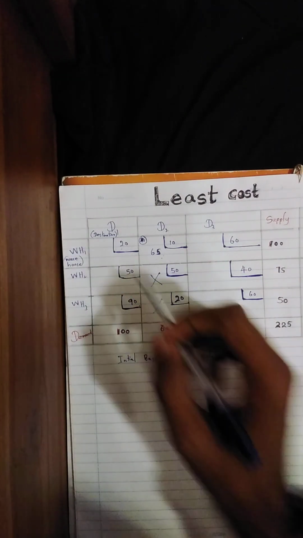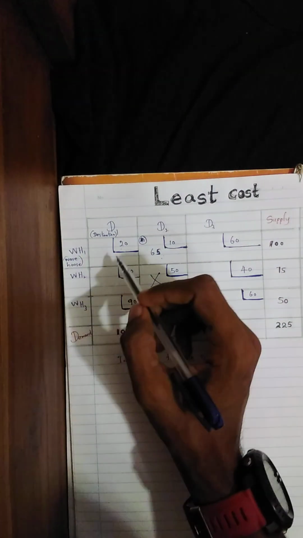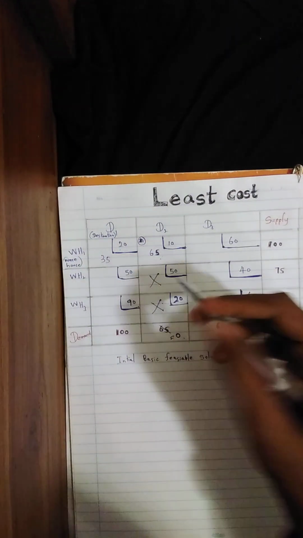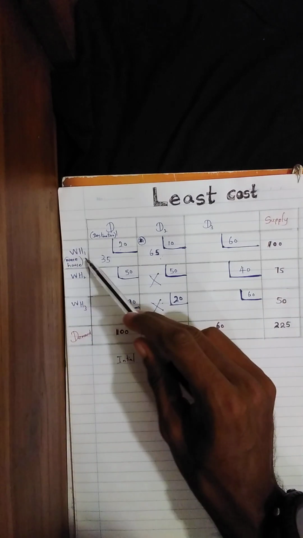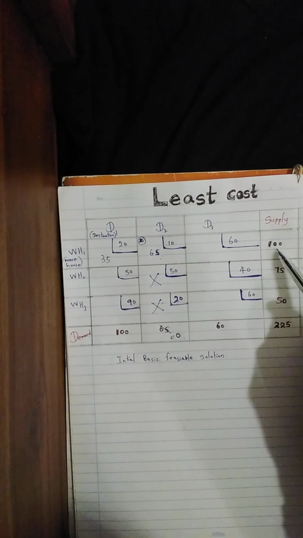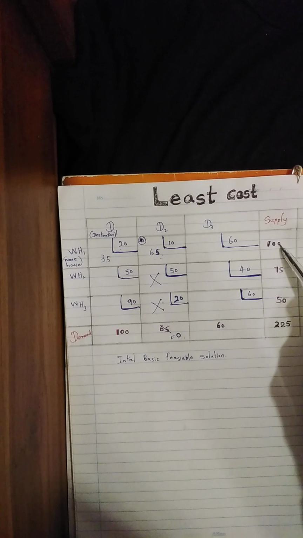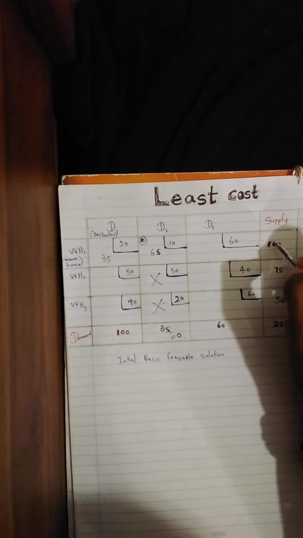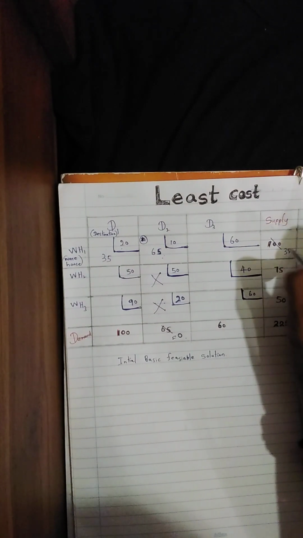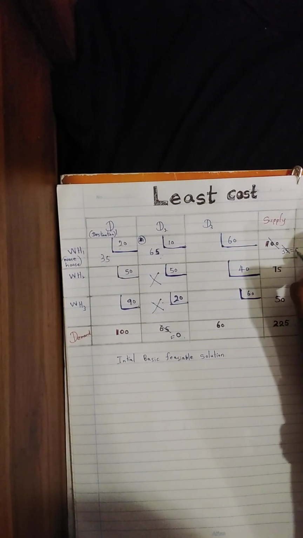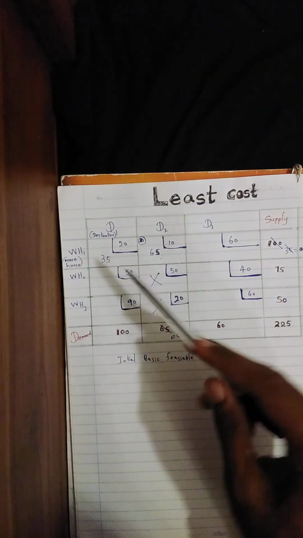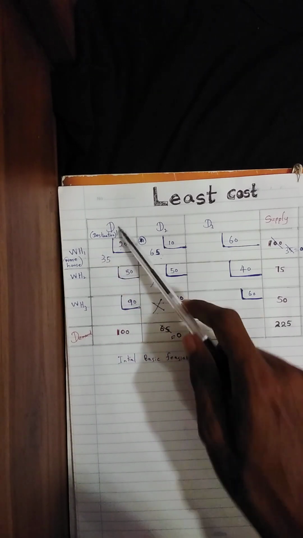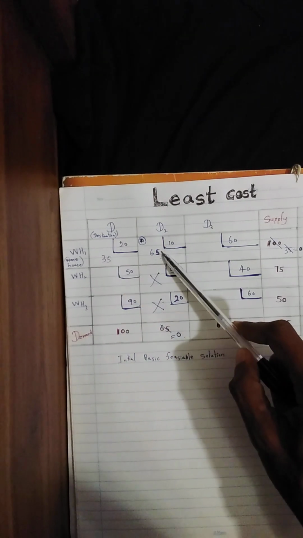Yes, you can put here 35, because warehouse 1 can provide 100 units. Firstly the remaining is 35, now it becomes 0, because warehouse 1 supplied to destination 1 and destination 2.